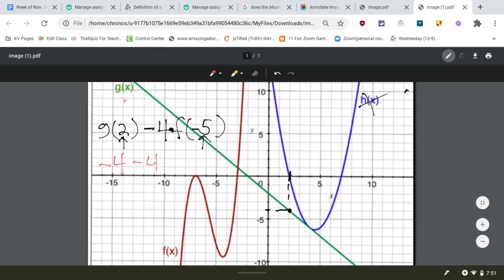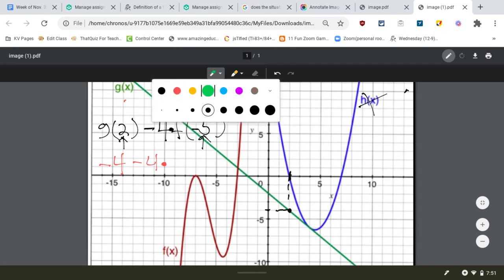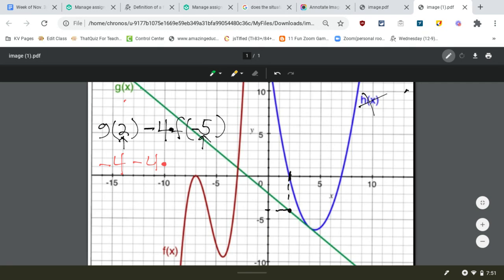Minus 4 times, and then now we're going to find f of negative 5. So f is the red function here, and we want to go to negative 5 on x right there, and then follow that down to where the graph is. So in this case, we're going down, and it looks like it goes to that spot right there. We want to know the y value at that spot.